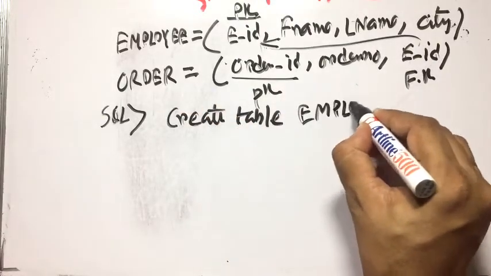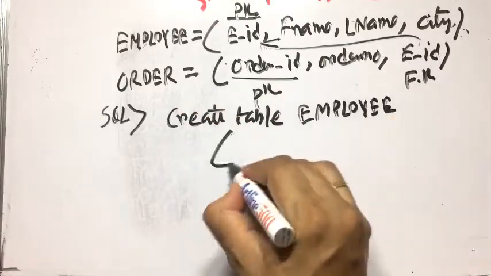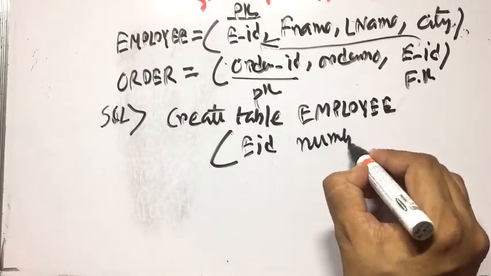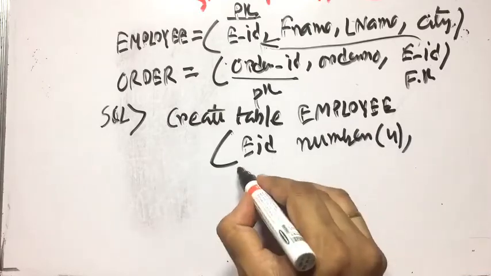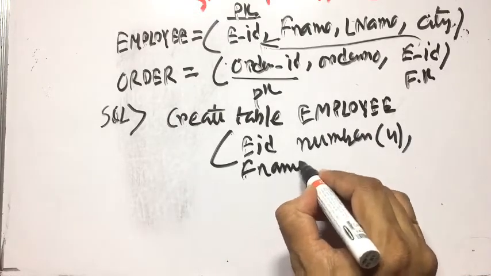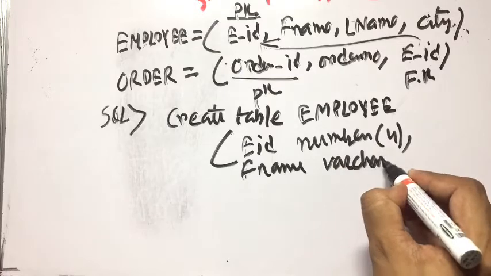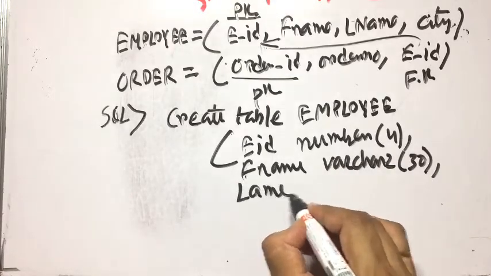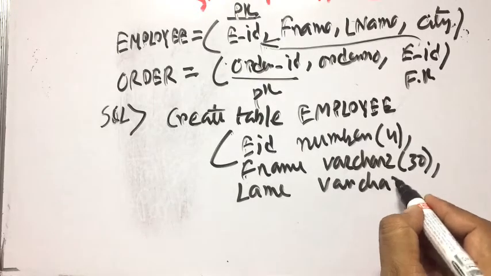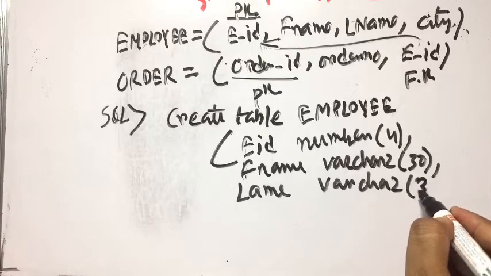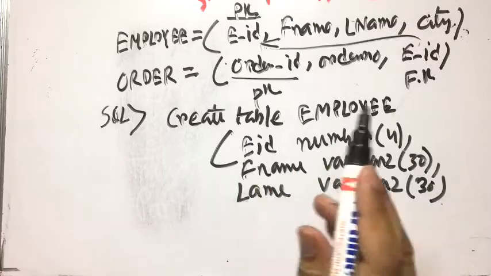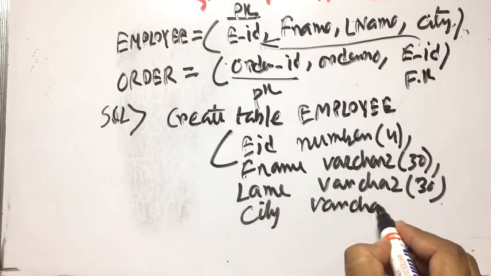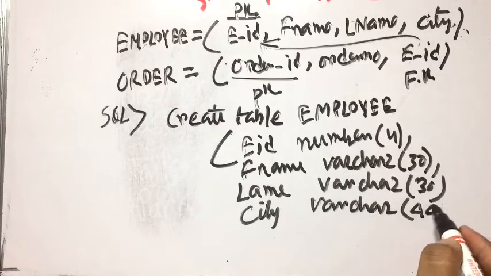Create table employee: EID number, suppose 4; F name varchar2, size suppose 30; L name varchar2, size suppose 30; and city varchar2, size suppose 40.